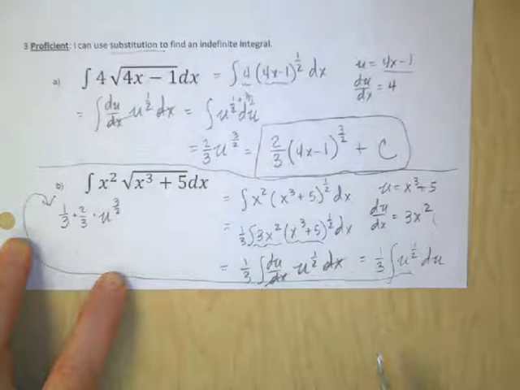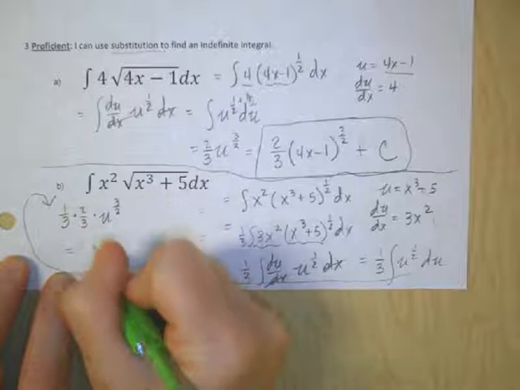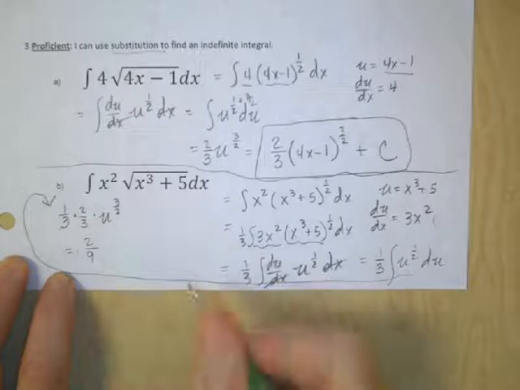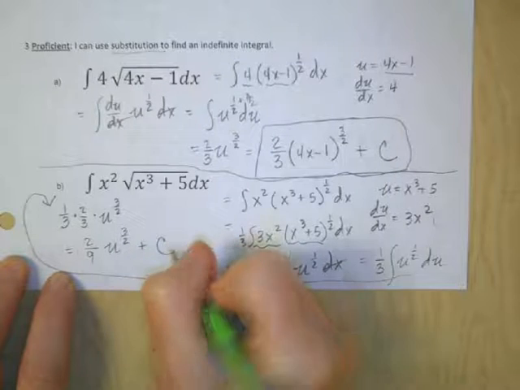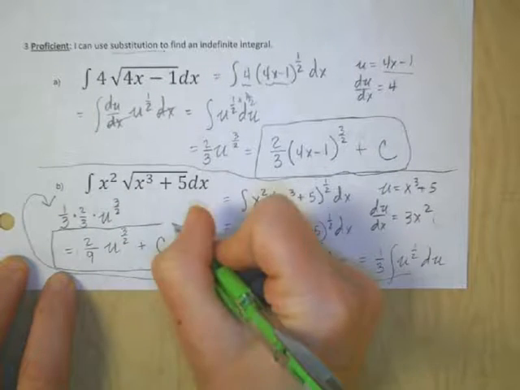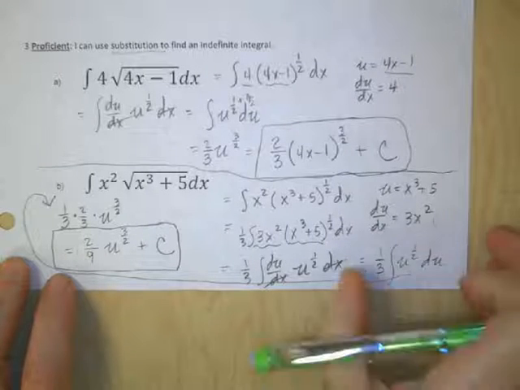But now I need to multiply that with the 1/3. So I get 1 times 2 is 2, 3 times 3 is 9, so 2/9 u to the 3/2 plus c. There it is.